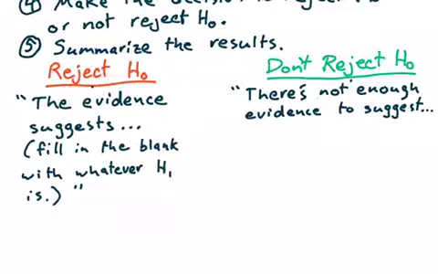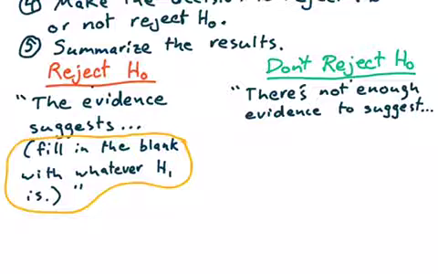When we fail to reject, or we decide to not reject, whatever, the null hypothesis, we will say, there's not enough evidence to suggest, and then just like we did over here, we're going to go ahead and fill in the blank with whatever we had formulated for H subscript 1. Okay? We're not going to talk about the null hypothesis itself, even though that is what we're kind of settling for in this sense.